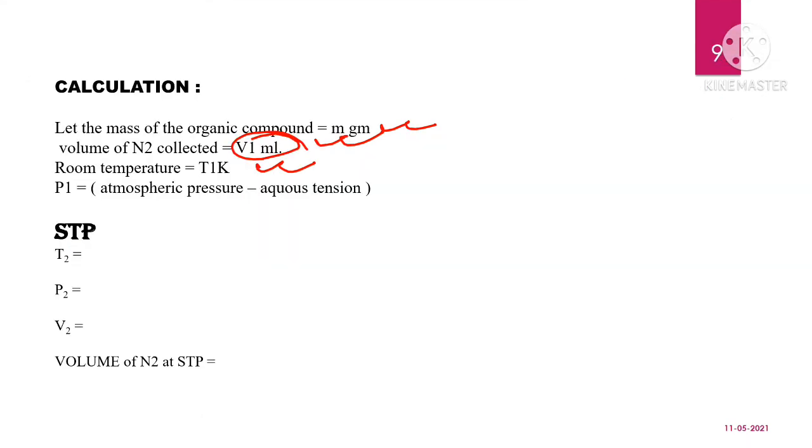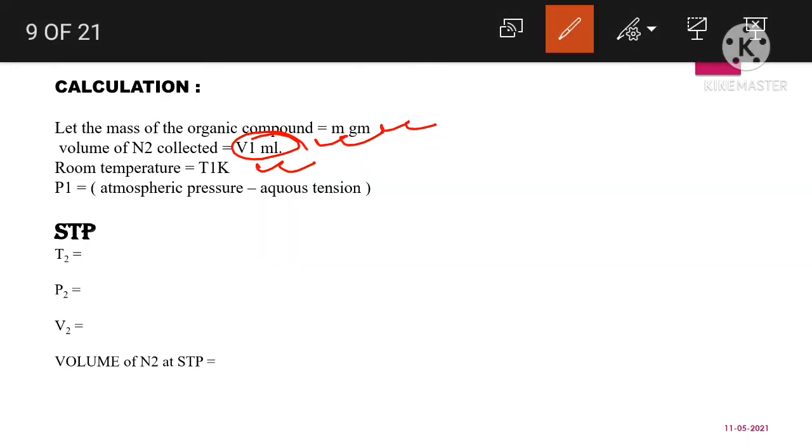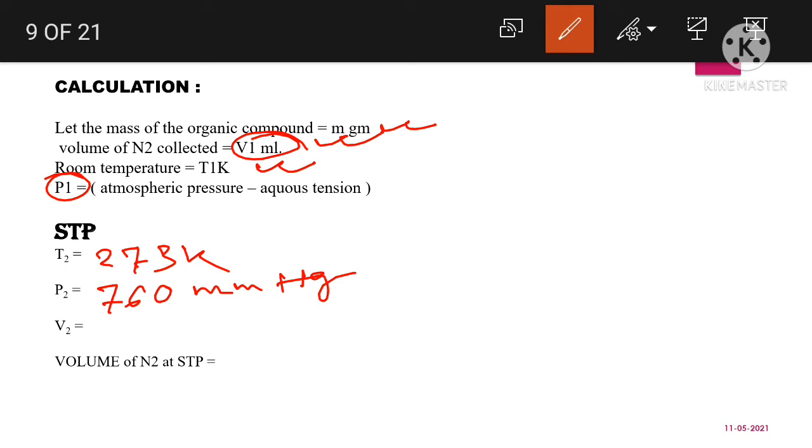Suppose that pressure is P1. At STP we know that the temperature is 273 Kelvin and the pressure is 760 millimeter Hg. Now we have to calculate the volume of nitrogen at STP.